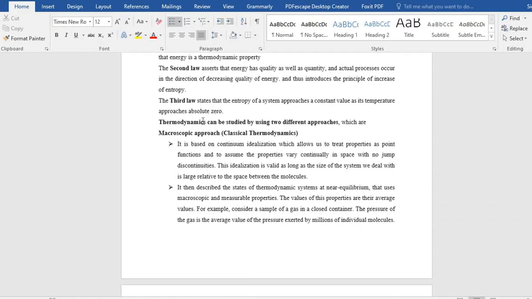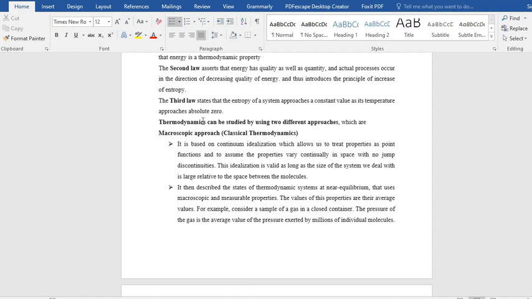However, this idealization is valid if the Knudsen number is very low. So what is the Knudsen number? The Knudsen number is the ratio of the mean free path of the molecules to the characteristic length of the system, whatever the flow configuration you have taken.